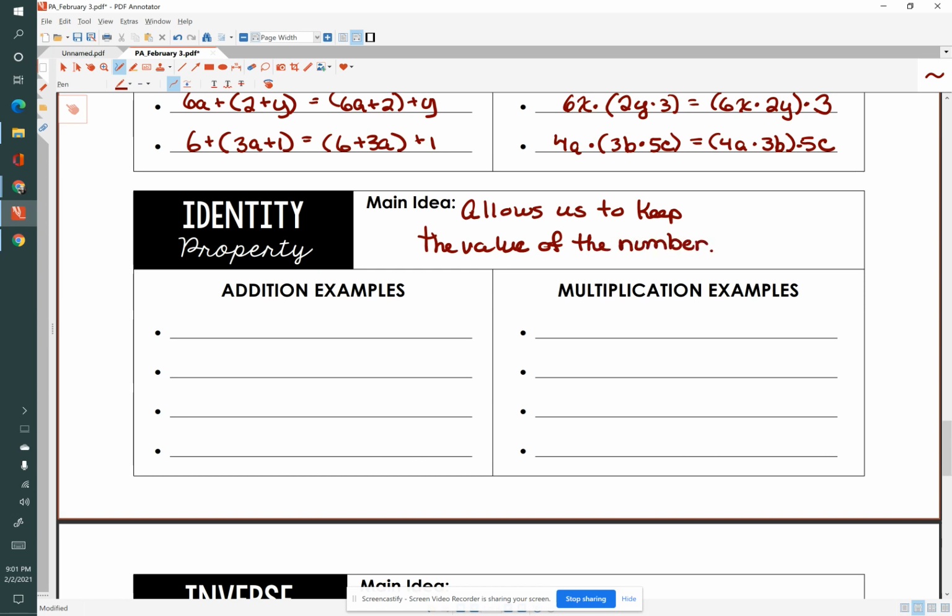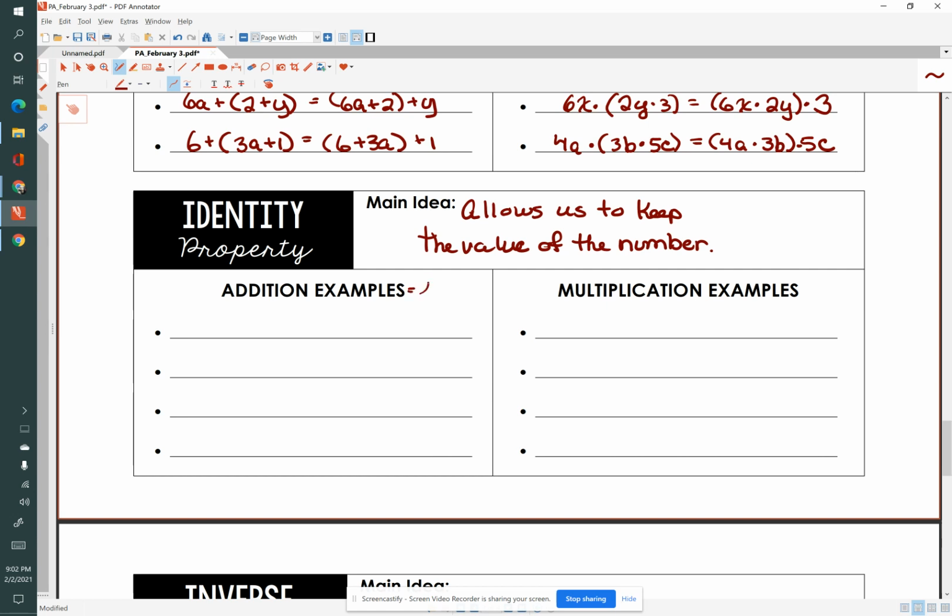So we have an identity property for multiplication, and we have an identity property for addition. In terms of addition, we can add 0 to any number, and it will not change the number. We can add it to a variable. It will not change the variable.